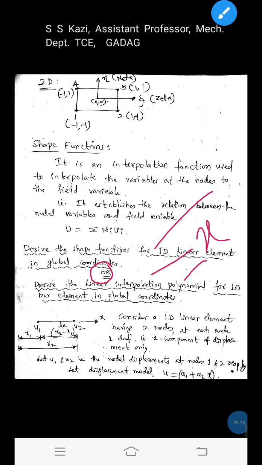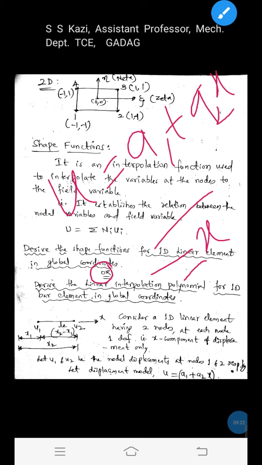We know that u is equal to a1 plus a2x. This is the interpolation polynomial, or displacement function, for a one dimensional linear element, where a1 and a2 are the coefficients of the polynomial, or generalized coordinates.